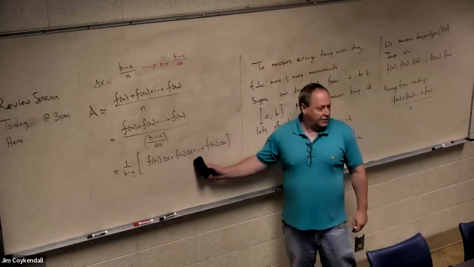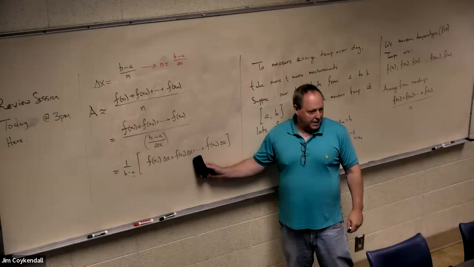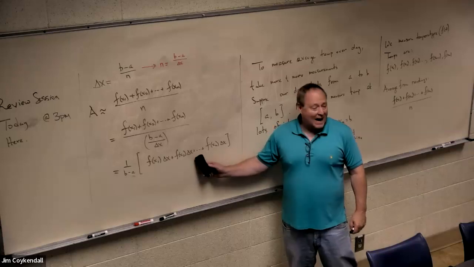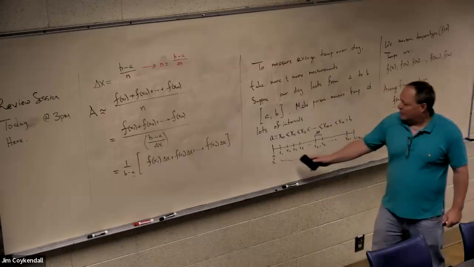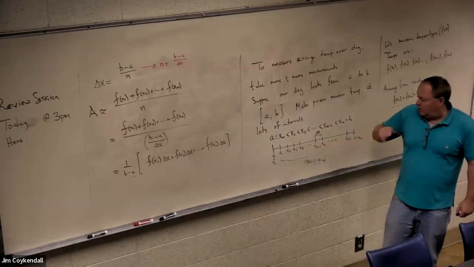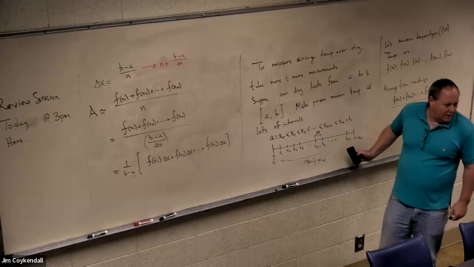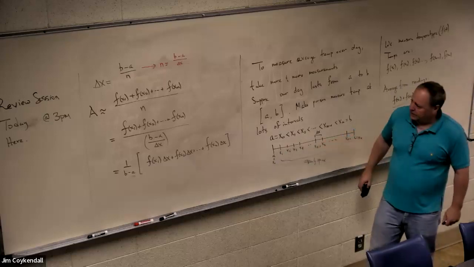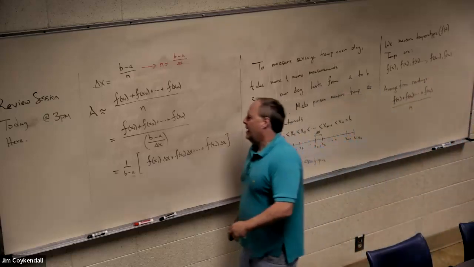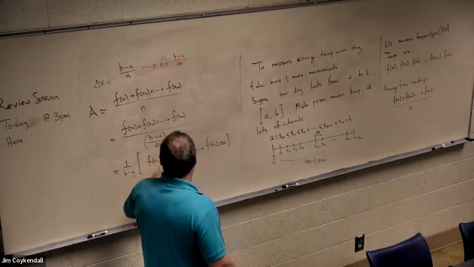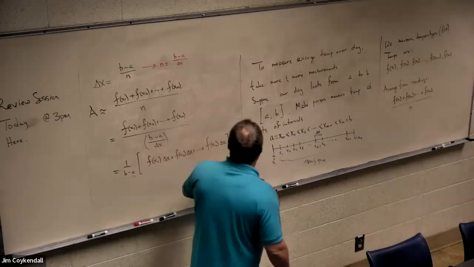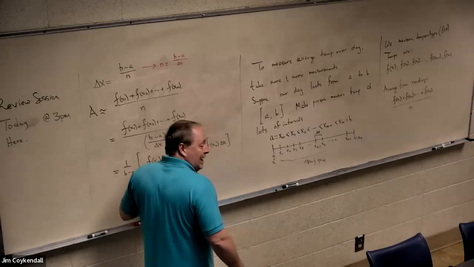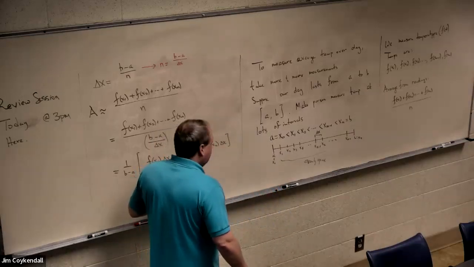So this is what I should get if I go out and take n measurements. This is what my average should be. This is kind of a cool formula because you take whatever the length of this interval is. So for our particular example, it would be how long the day is, 1 over b minus a, and multiply f of x1 times delta x, f of x2 times delta x, and the f of xi's, these things are all just temperature readings.